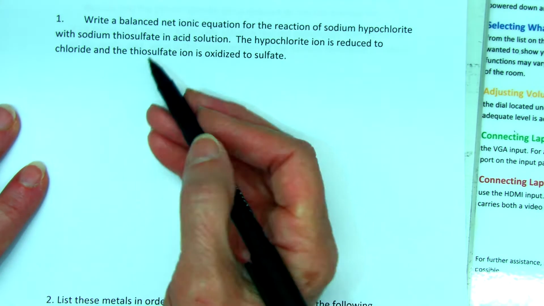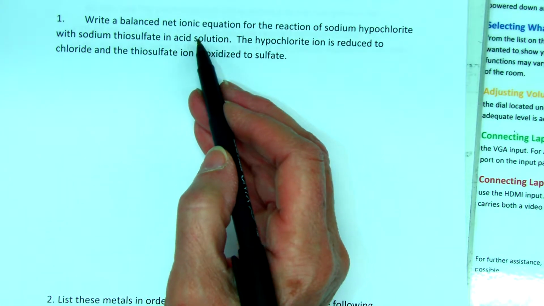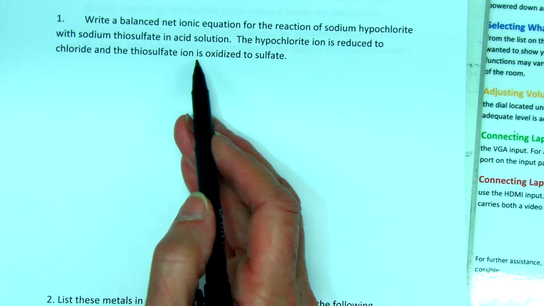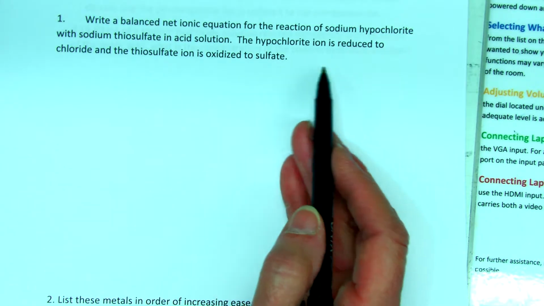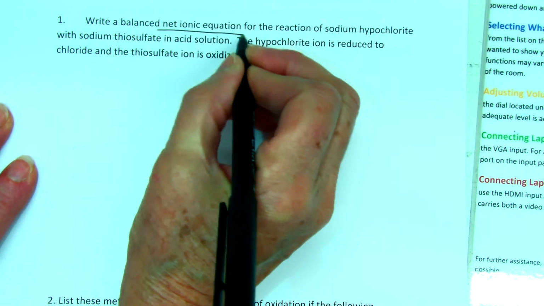So this one says, write a balanced net ionic equation for the reaction of sodium hypochlorite with sodium thiosulfate in acid solution. The hypochlorite ion is reduced to chloride and the thiosulfate ion is oxidized to sulfate. Now, when you read that, it can feel overwhelming, but there are some key words in here. Net ionic equation.